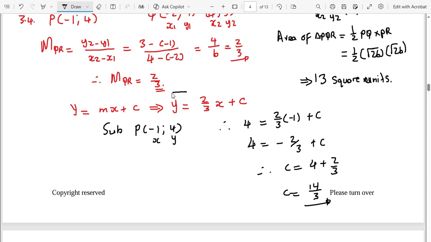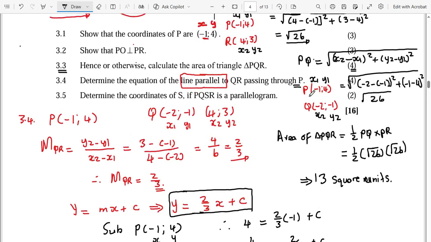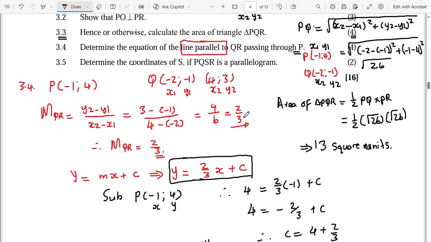From this equation here, we can definitely substitute the value of c. So the answer will be y equals 2 over 3 x plus 14 over 3. So that's the equation of the line that passes through P and is parallel to QR. That was an easy one.